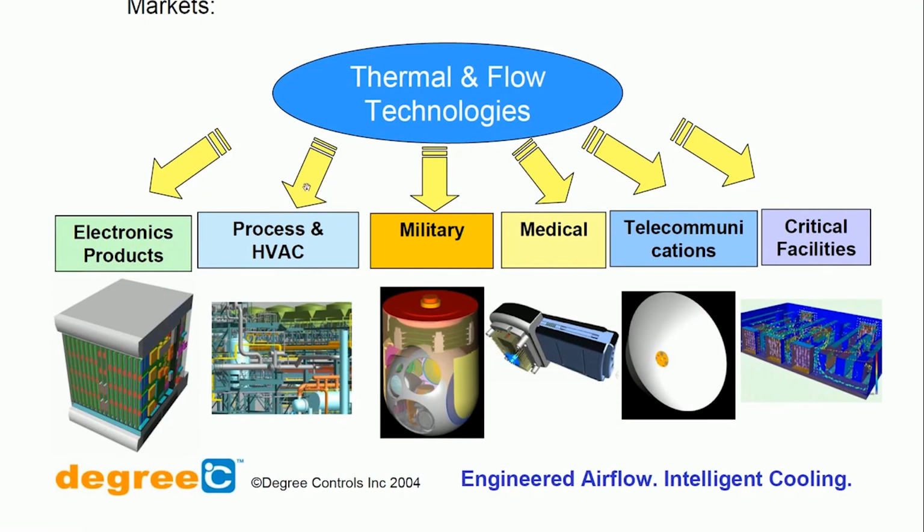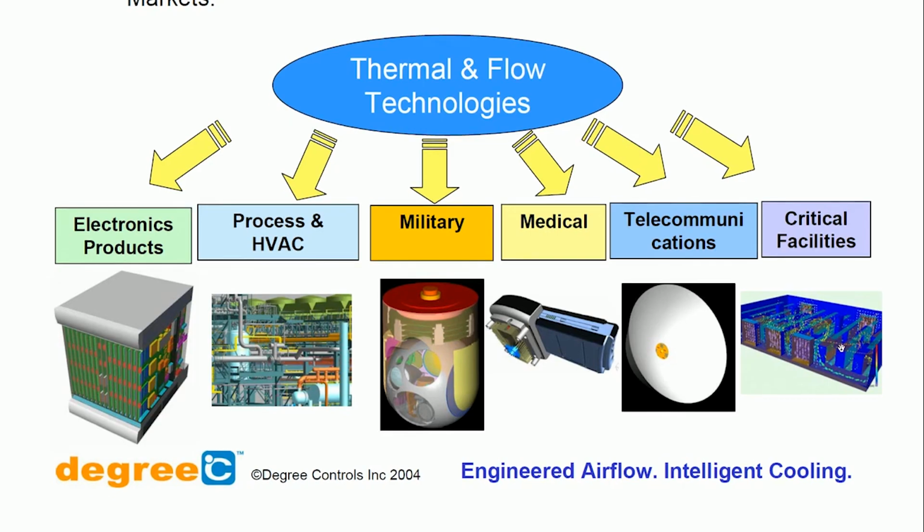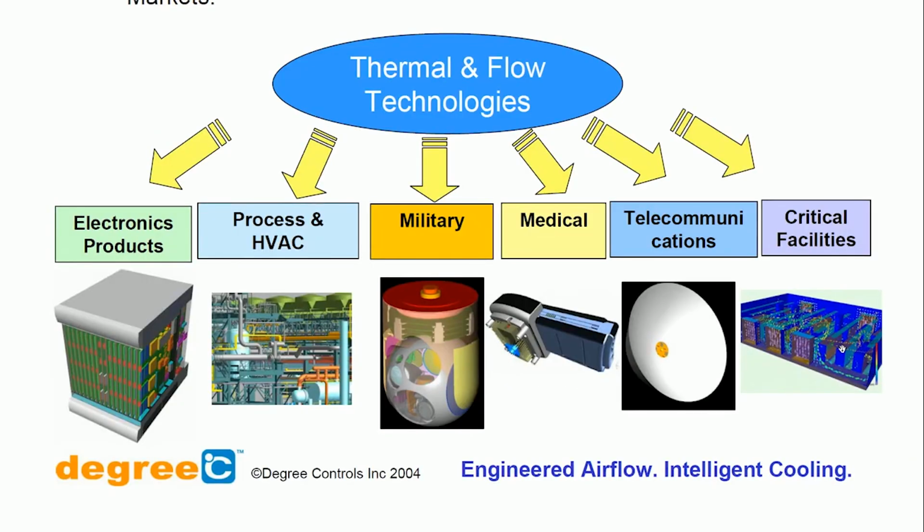So, we have products, and we have heating and ventilation. In the case of military, I expect that this is probably a camera which is mounted somewhere, and then we have medical devices, then telecommunications, and then I am not very clear what a critical facility is, that is probably a backup. This I am acknowledging directly from one of the companies which works on it.